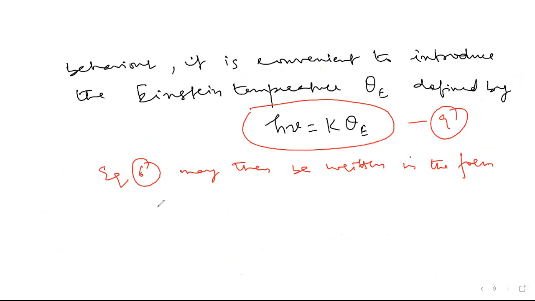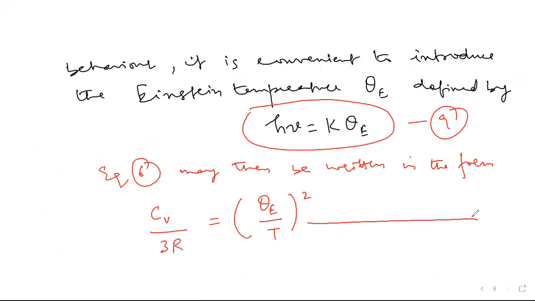Write it this way, CV over 3R is equal to theta E over T square, e raised power theta E by T, over e raised power theta E by T minus 1 square. Let me check it.